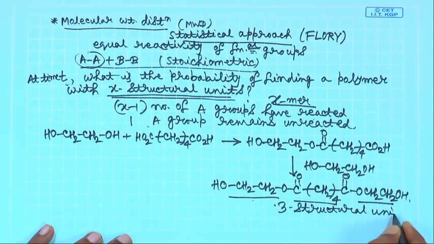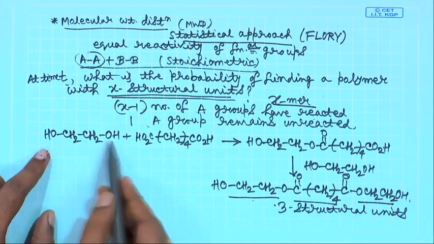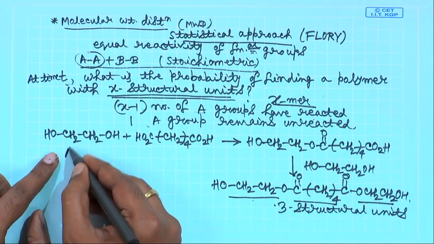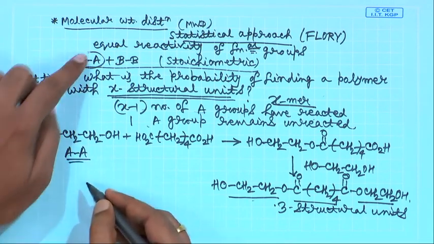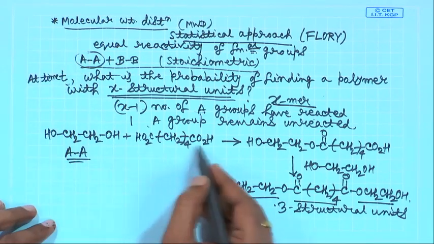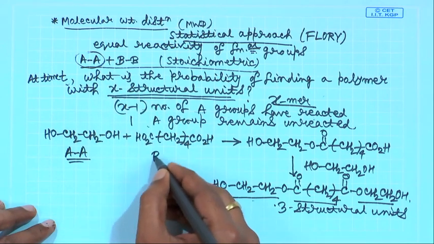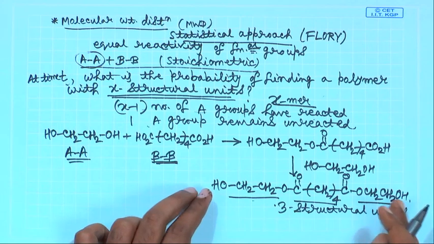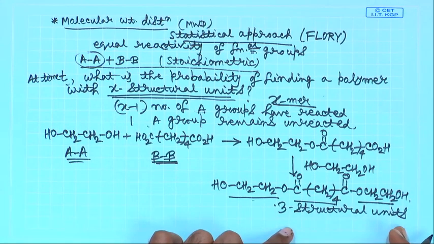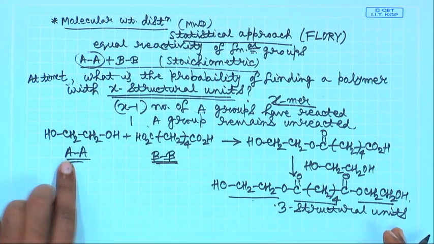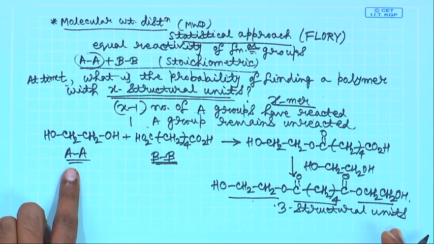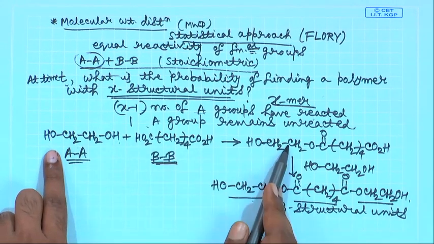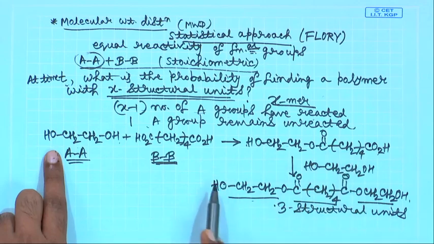Let us say this ethylene glycol I am terming as the monomer AA, and adipic acid as the monomer BB. So, in the formation of an oligomer in this case with 3 structural units, how many A groups, that means alcohol groups, have reacted? In the first step 1 alcohol group has reacted.